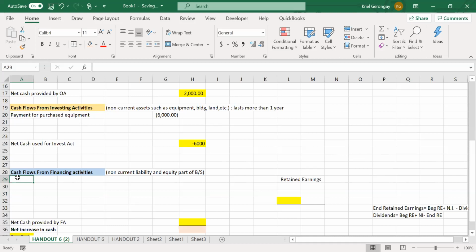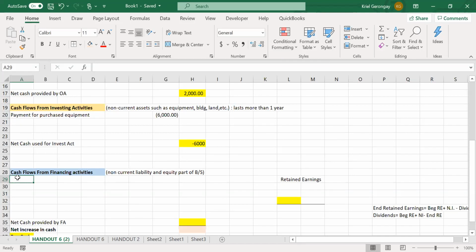For your common stock, as you can see, it increased by 12,000. Just remember this: whenever you issue common stock, you're getting cash in exchange for that issuance. So you're actually gaining cash.